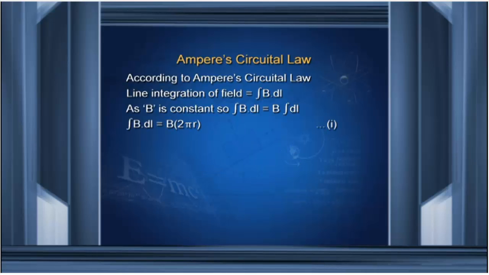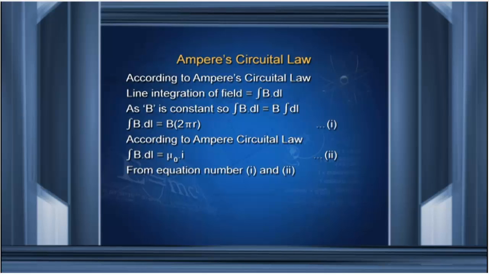So integration B dot dl equals B into 2 pi r. This is equation number 1. According to Ampere's Circuital law, line integration of B dot dl equals mu naught times I. This is equation number 2. From equation 1 and 2, we get B equals mu naught upon 4 pi, 2I upon r.